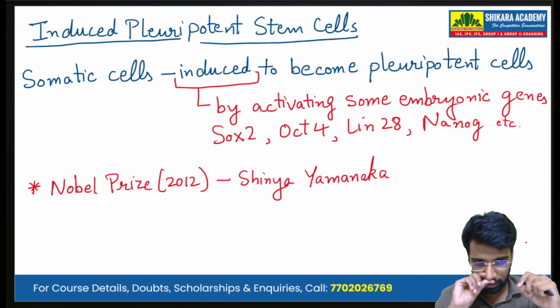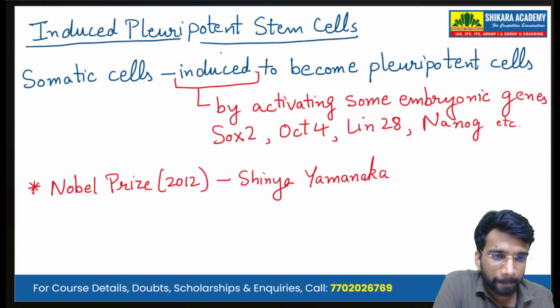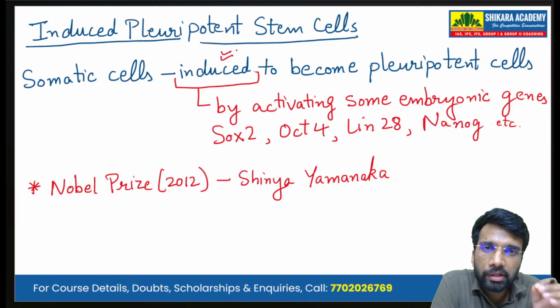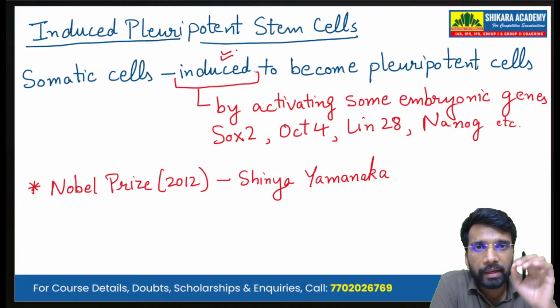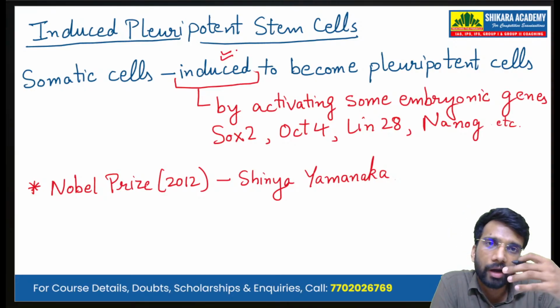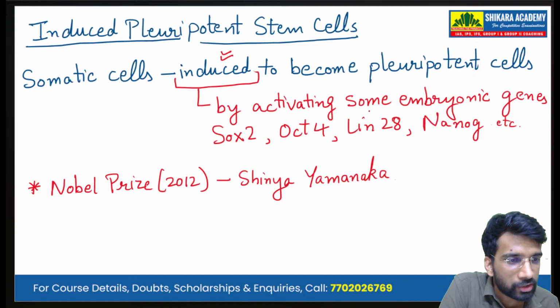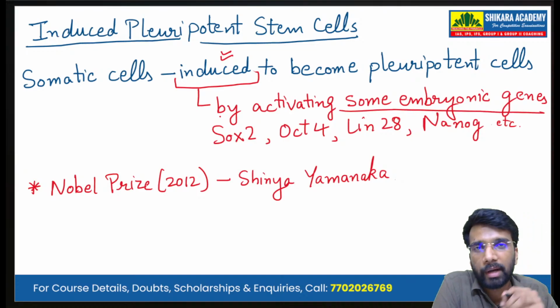So what we are doing is basically inducing the somatic cell to behave as the embryo cell and become a pluripotent cell. And how are we achieving it? We are achieving it by activating some embryonic genes in the somatic cell.